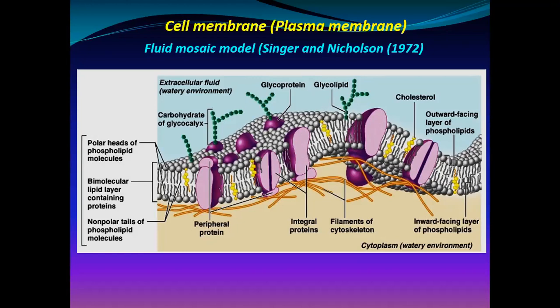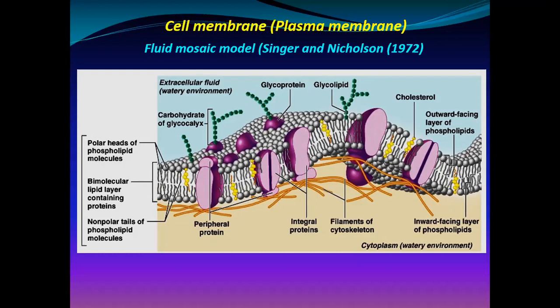Okay, right. So you can see embedded in the cell membrane there are proteins. There are two kinds of proteins. One we call peripheral proteins, which are located on the surface of the membrane. Understand? And then some proteins we call integral proteins.